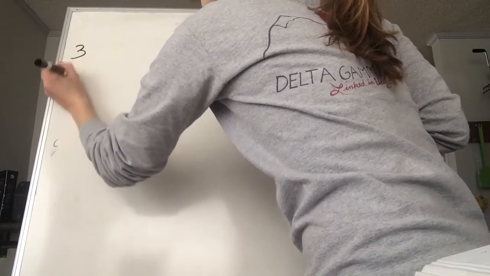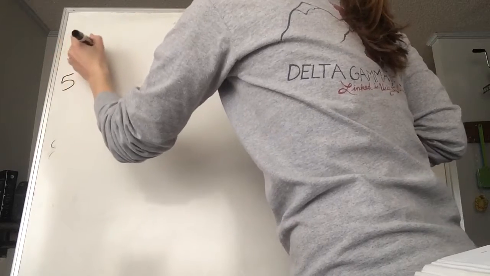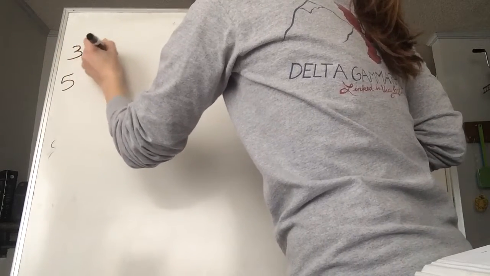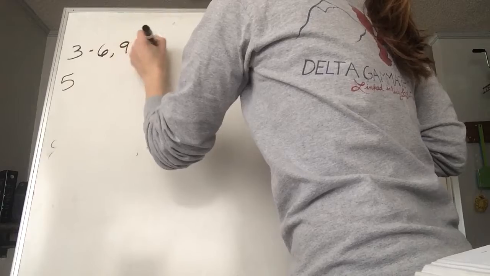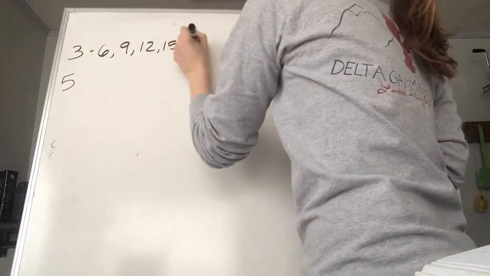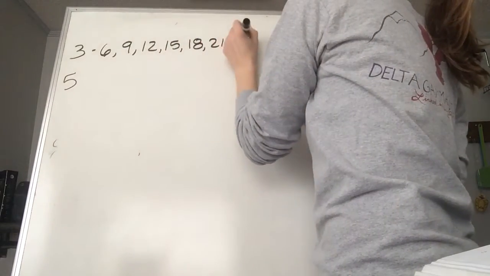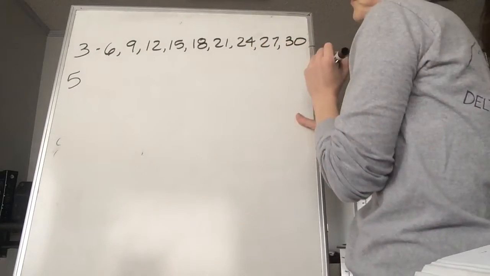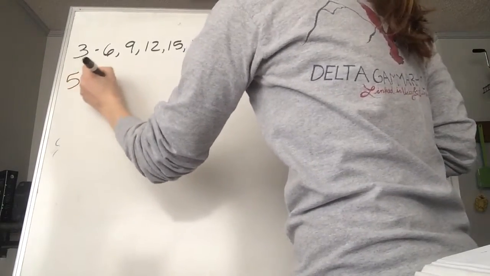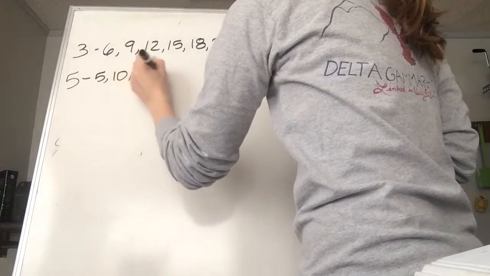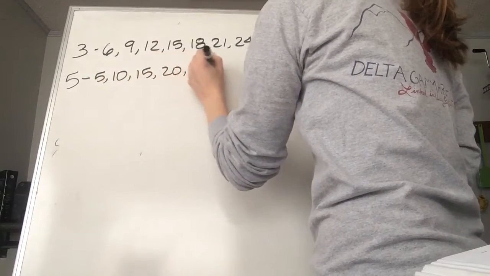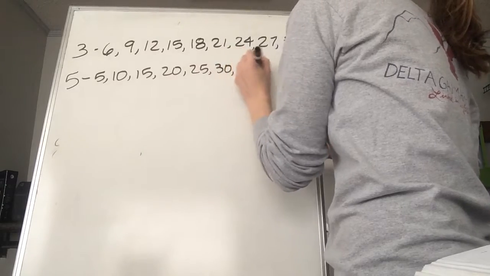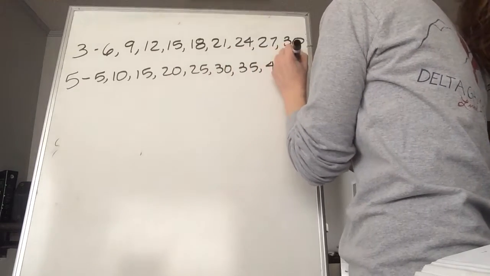Okay, so the next one, number 2, is 3 and 5. So multiples of 3: 3, 6, 9, 12, 15, 18, 21, 24, 27, 30. Okay, 5, then 10, 15, 20, 25, 30, 35, 40, 45.